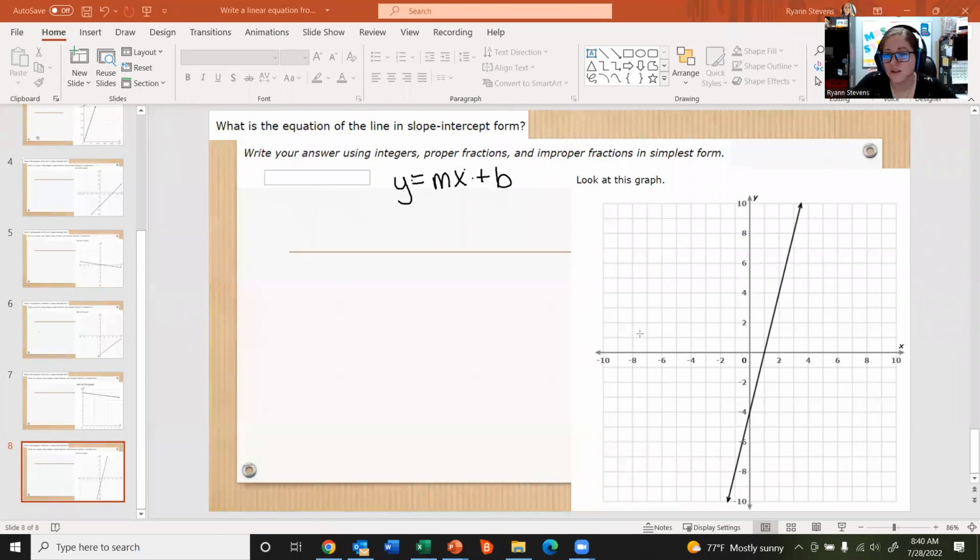Where does this line cross the y-axis? We can see here that it's going to cross right about -4. And then we can use our formula.